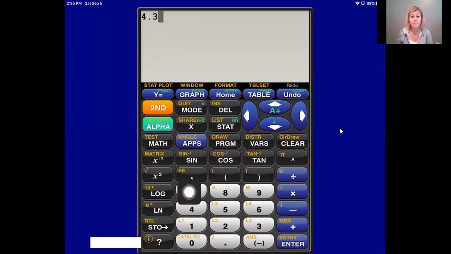So that second button is going to give me the E. I'm going to go 4.3, second E, and that E on your computer here is a double capital E, and it actually only appears as a single capital E there. So just so you know.